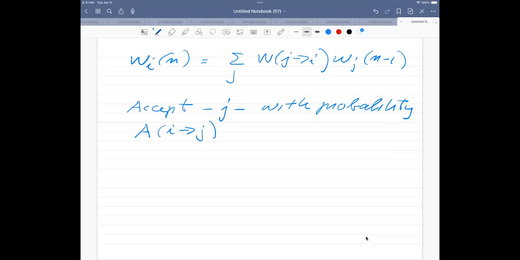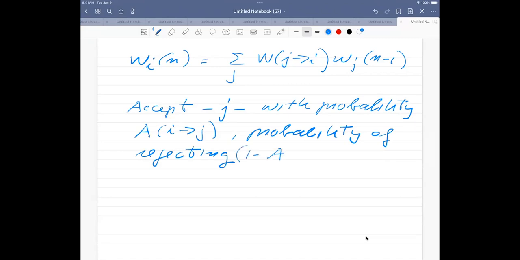This is the probability of moving to a new state, but then I can say that the probability of rejecting it is simply 1 minus A of i going to j.